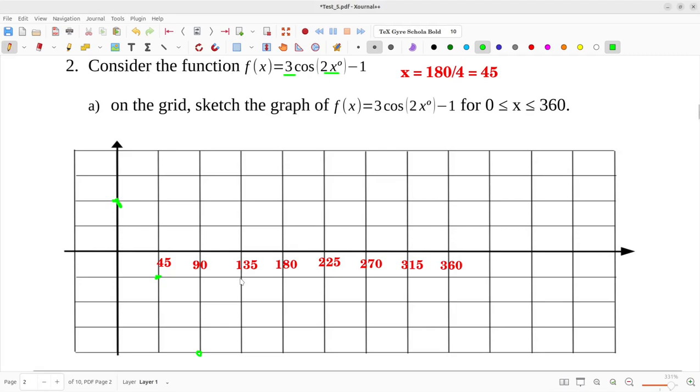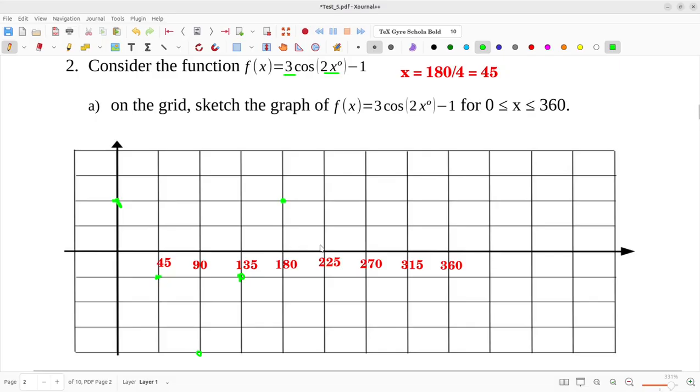Minus 1 is negative 1. Then this point is there. Now we are at 180. Cosine 360 is 1. 1 times 3 is 3. Minus 1 is 2. And that's a complete wave.